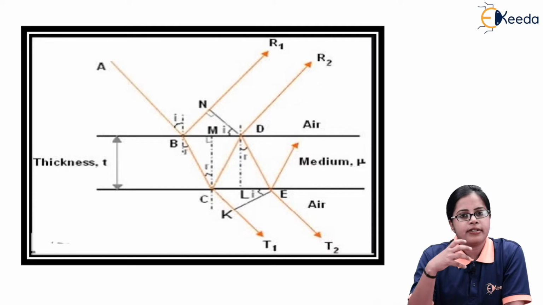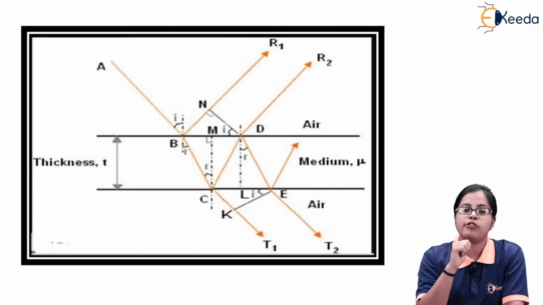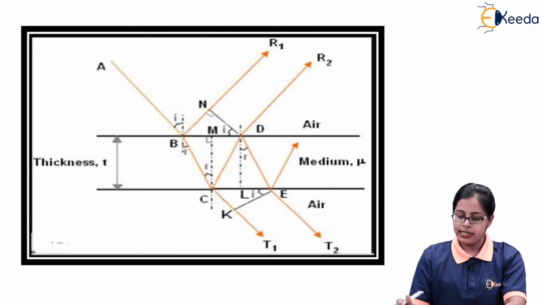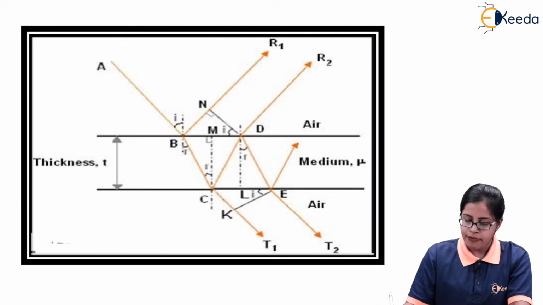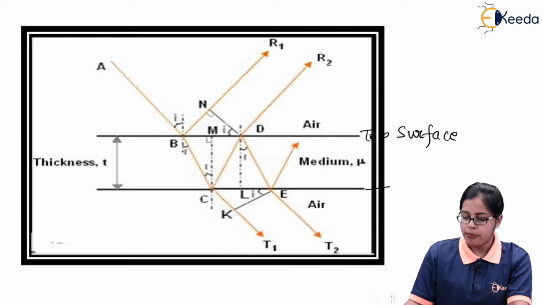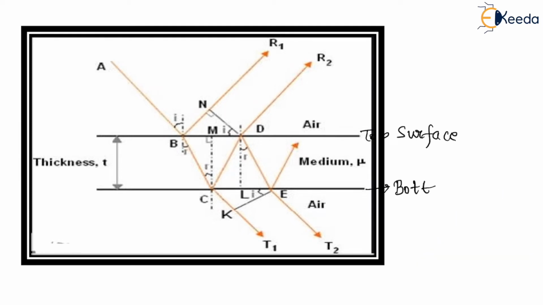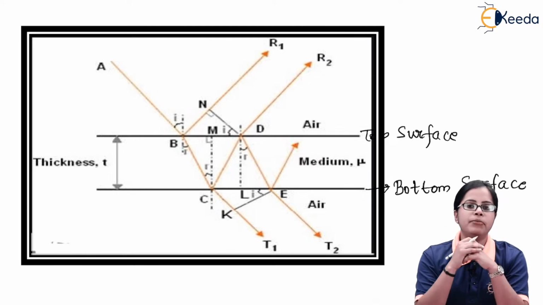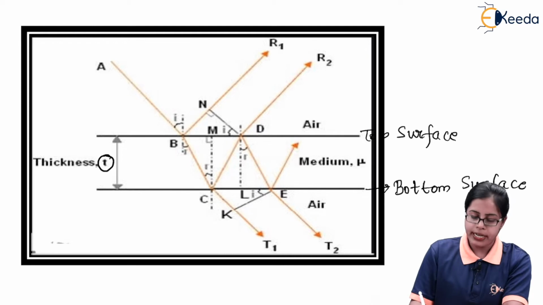We have to consider a thin film which is bounded by two surfaces. As you can see in the diagram, we have the top surface over here, and this is the bottom surface, and the thin film is of thickness small t.